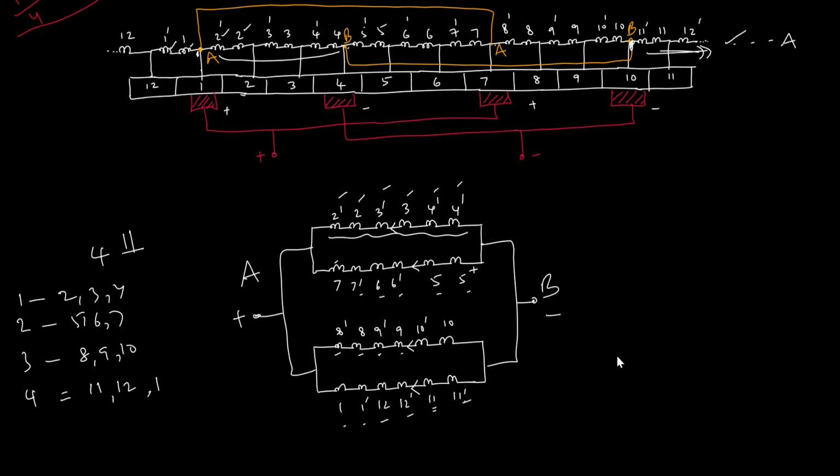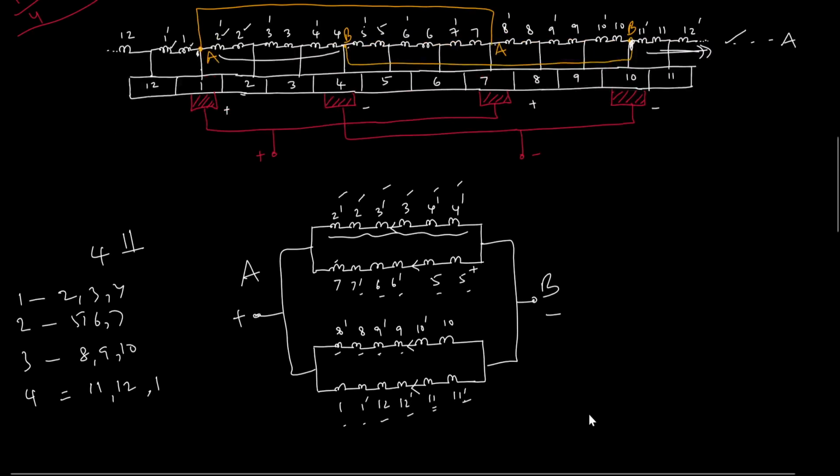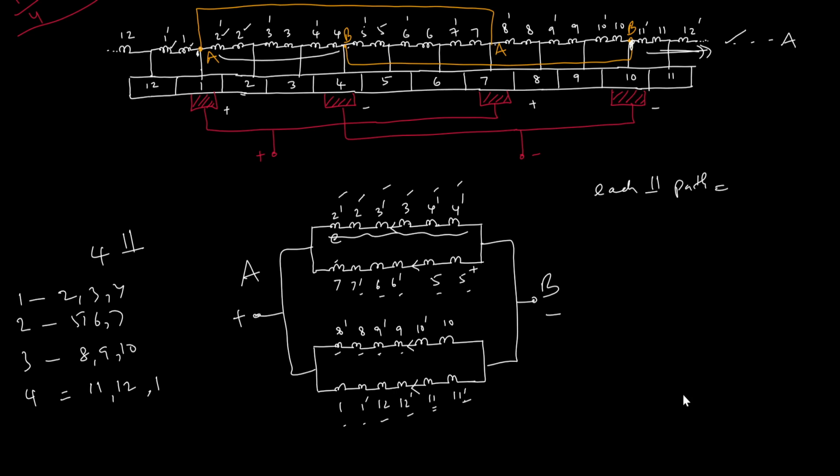Now let us draw the EMF waveform. If each coil side is E, in each parallel path we have 6E maximum voltage. So from A to B, the total EMF will be 6E maximum.